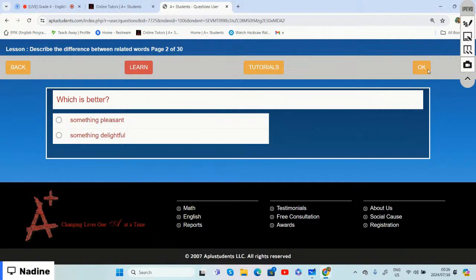So which one is bigger? Is it something pleasant that is bigger or something delightful that is bigger or better? Sorry.